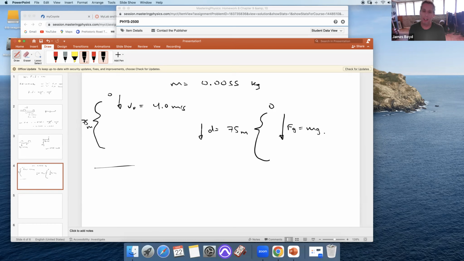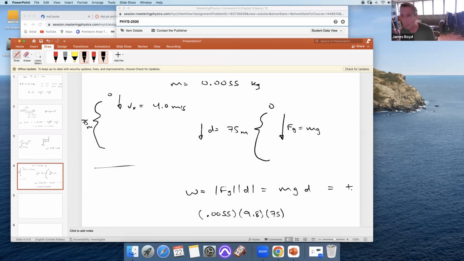And the work done by gravity, in this case, is going to be the force of gravity times the distance that it falls, times cosine of the angle, but they're in the same direction. So the angle between them is 0. Cosine of 0 is 1. So this is going to be mg times d, or the height. So this will be 0.0055, 9.8, and 75. The work is positive.